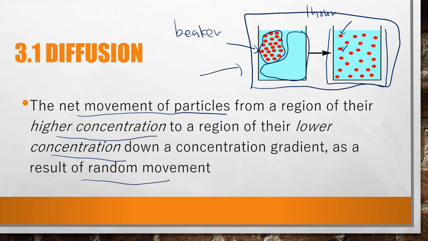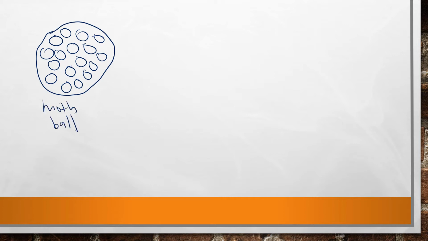Okay. So if I draw here, let's say we have another particle. The particles look like this. Let's say this particle is the mothball. Mothball is the ubat gegat, which is a chemical to repel cockroaches.